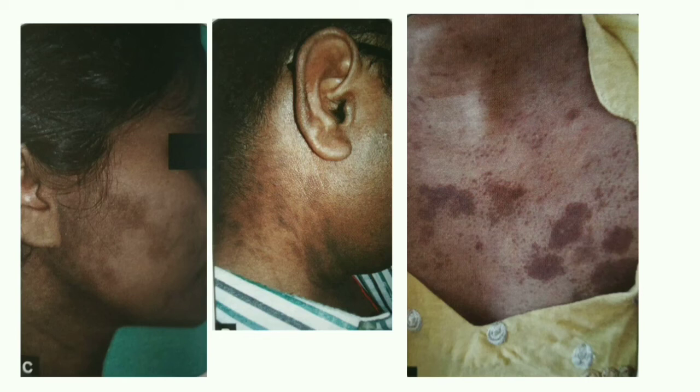Okay, so now this is all about the different types. I hope you have clearly understood. We have talked about the sudden widespread violaceous papules that you can see on the skin, and you have some nail findings.